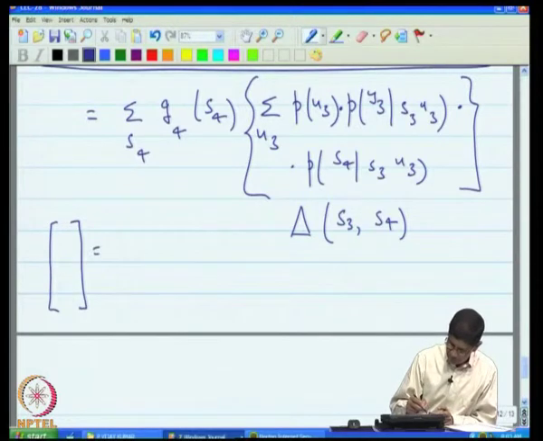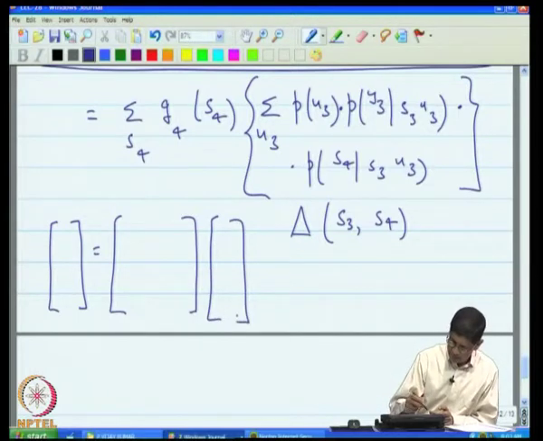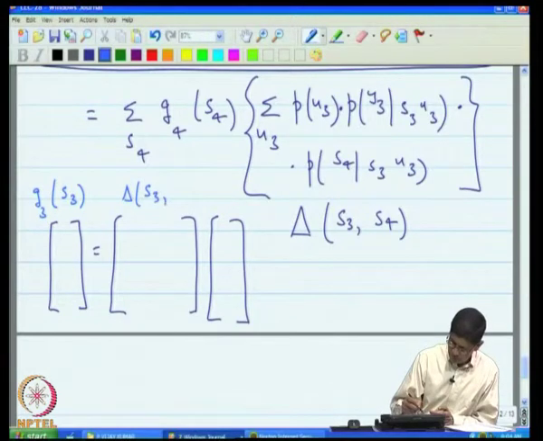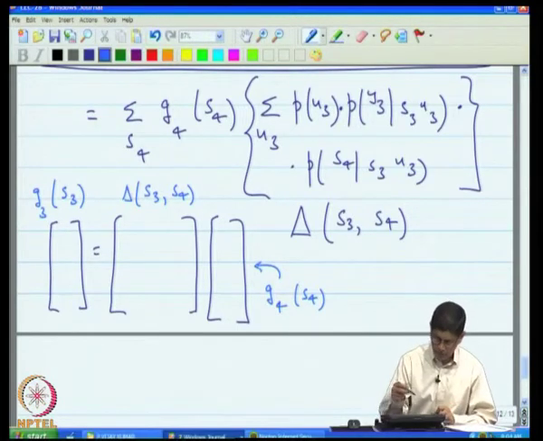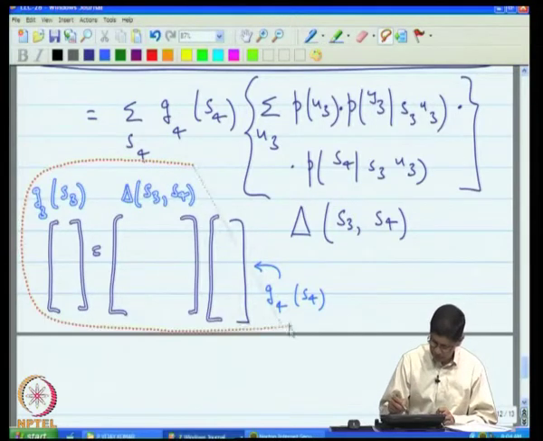So, you will have this is equal to this into this, where here you would have G3 of S3, this is delta of S3 comma S4, and this thing here would be G4 of S4, this vector here. So, this would be the form of the recursion in this particular case.